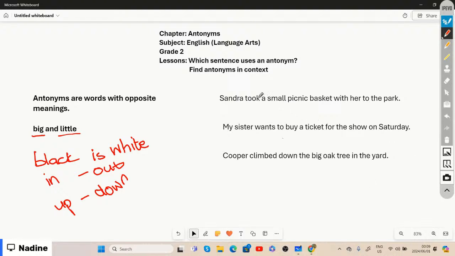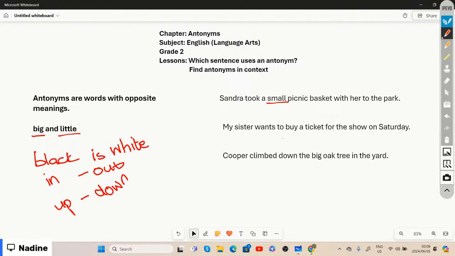So it says, Sarah took a small picnic basket with her to the park. So the word small, we said big and little. Now, what is the opposite of small?